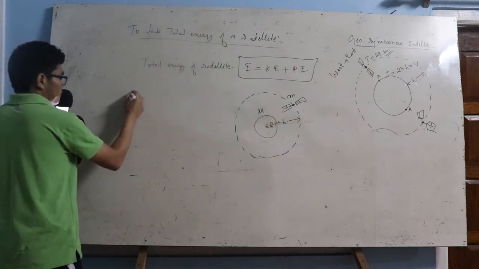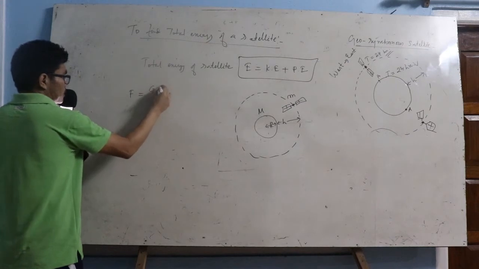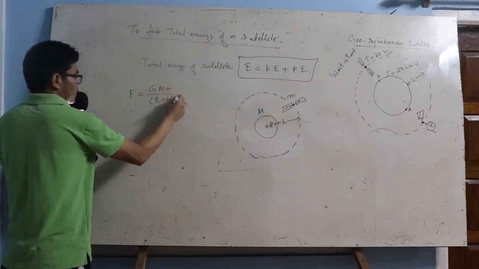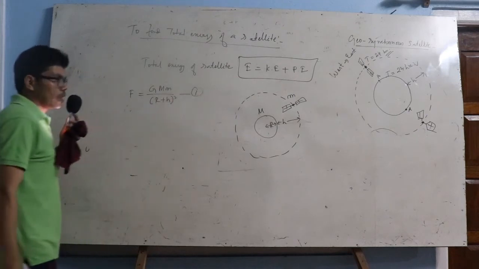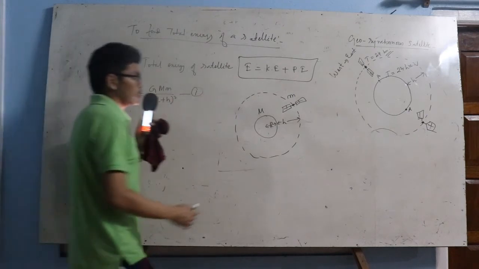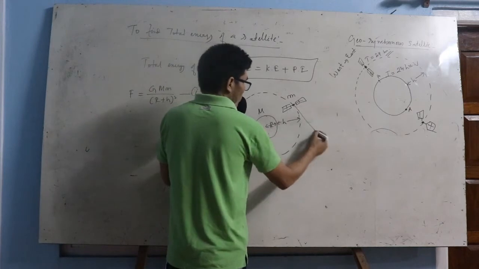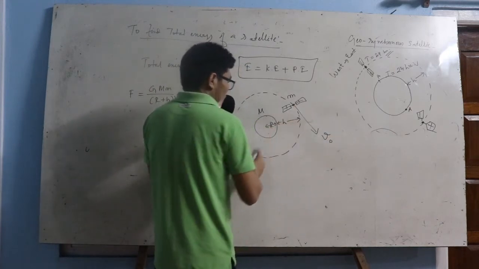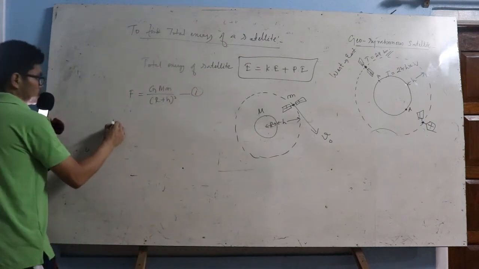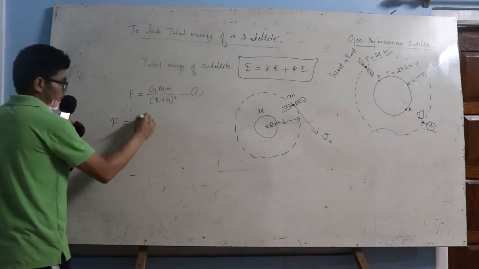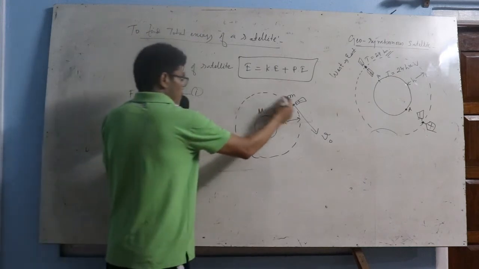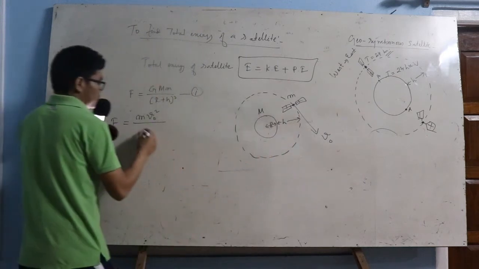So the gravitational force is G M m by (R plus h) squared, equation number 1. And there was also a centripetal force, because the satellite needs to move with orbital velocity. Centripetal force was directed towards the center, and the centripetal force was equal to m v_o squared by radius. Radius of the orbit is what? R plus h here.